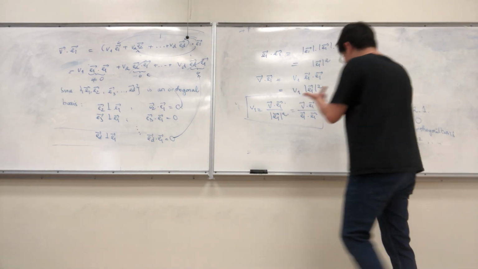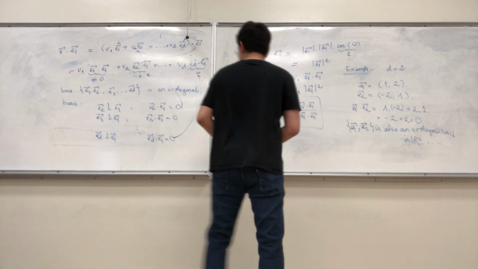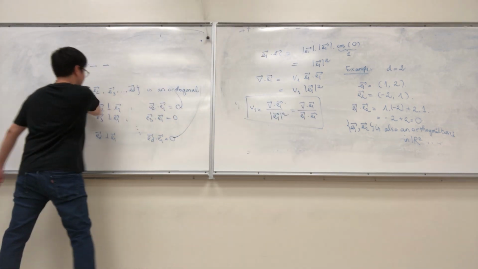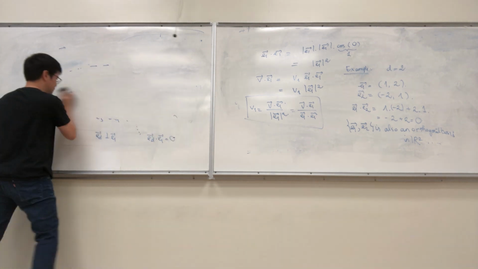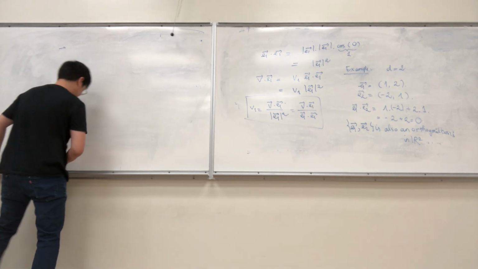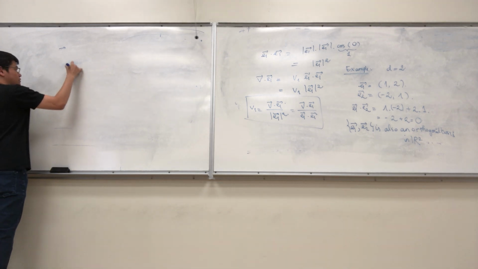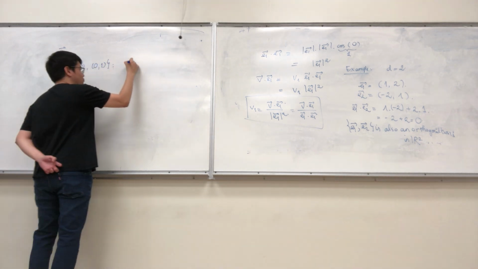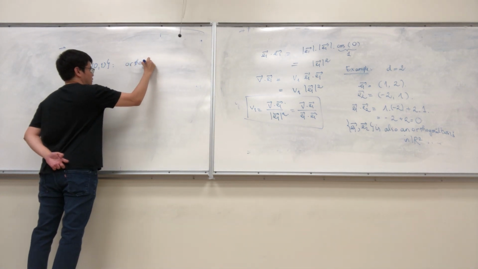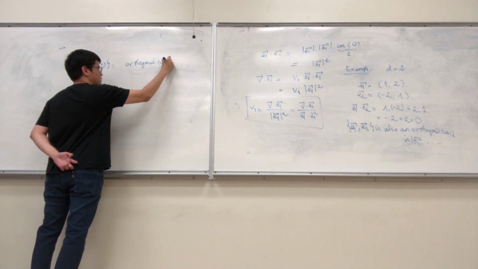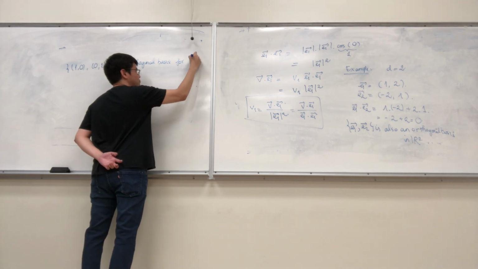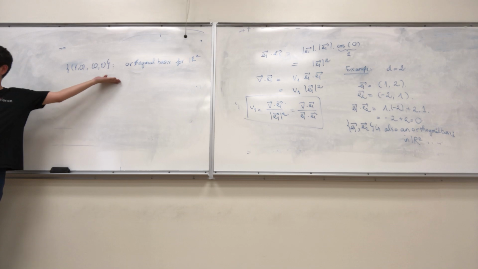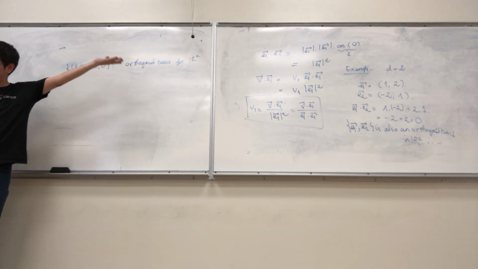In the previous example, you have (1, 0) and (0, 1), which is an orthogonal basis for R2.